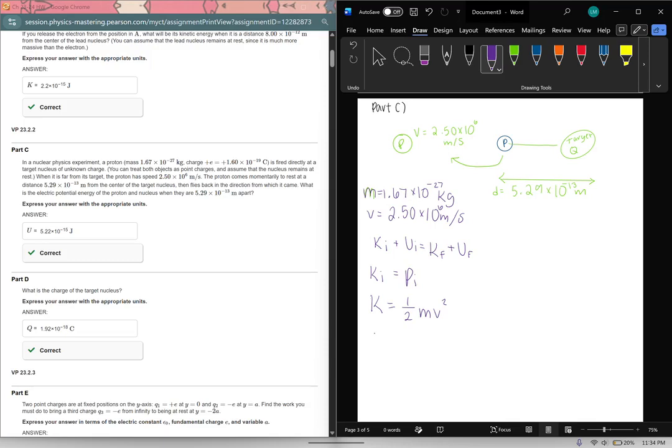We're going to plug everything together and do 2.50 times 10 to the 6 meters per second. We're going to square this because it's v squared. So first, I'm going to square this. Actually, let me get a charge.